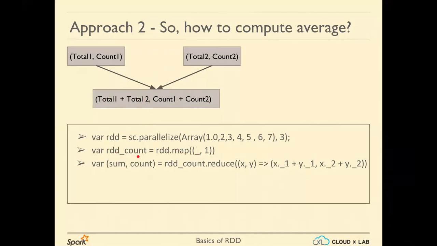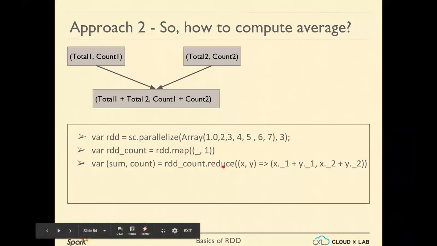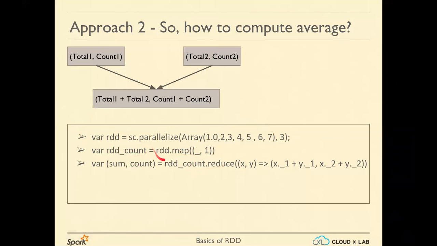Actually, it's just a step in the job execution. This one right now doesn't hold anything. It just holds the information that this will be computed using this. When we do reduce, then this processing is going to happen.